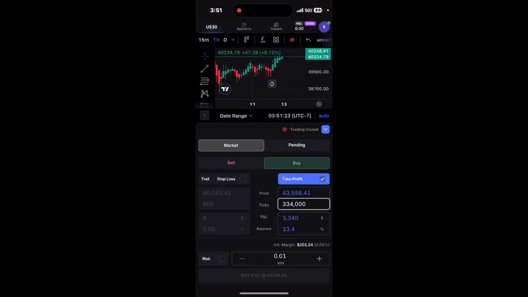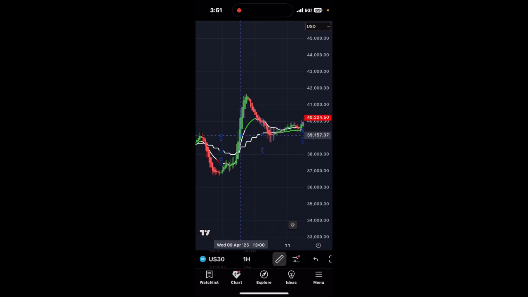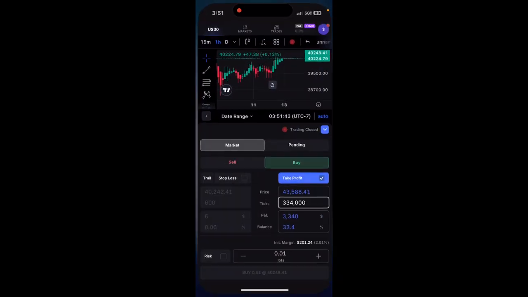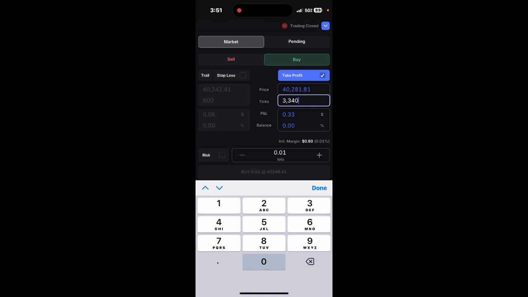So that same move that we see in the charts, from here all the way up to here, is a $3,000 move. You basically turn a penny into $3,000 on the regular US30. With the mini, it makes you $33.